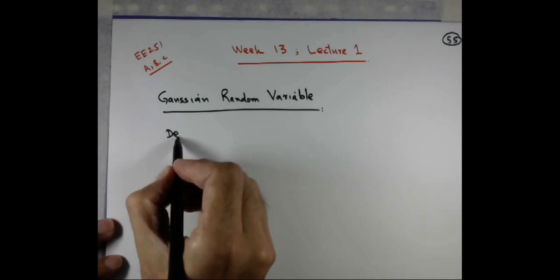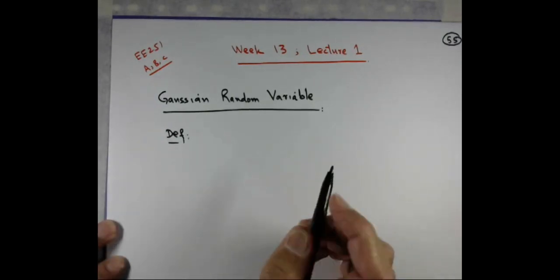First, let me write the definition of this Gaussian random variable.